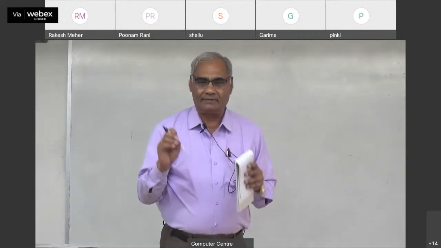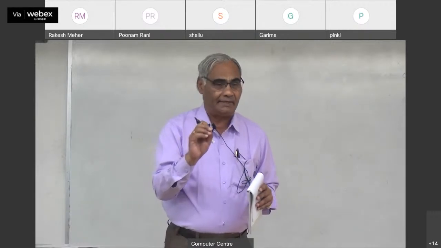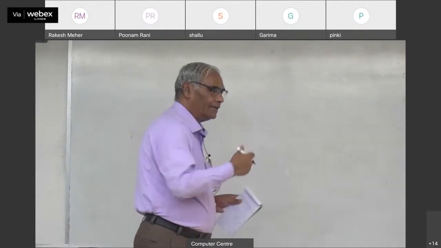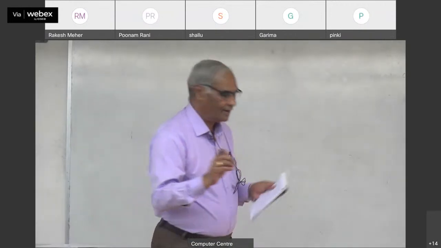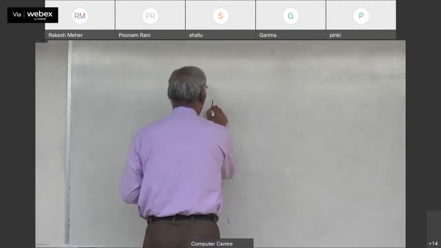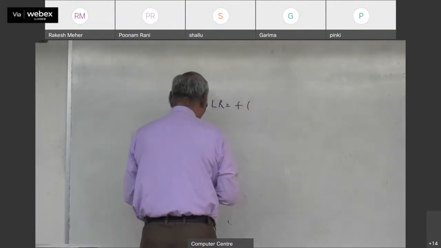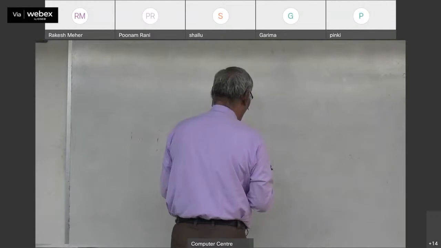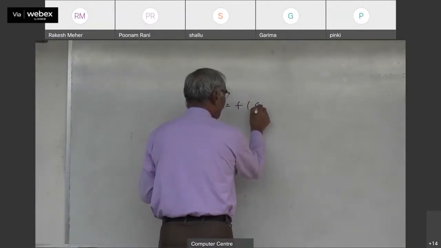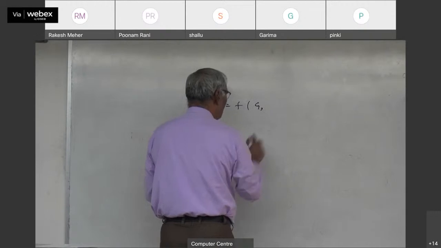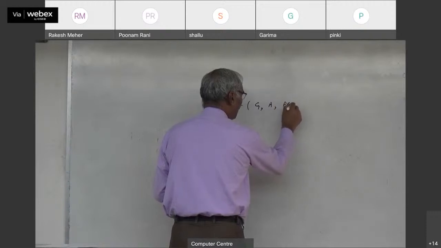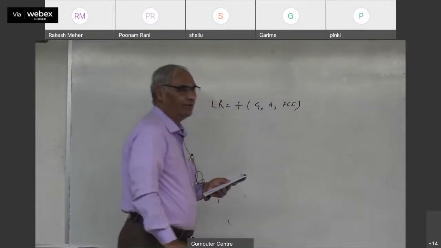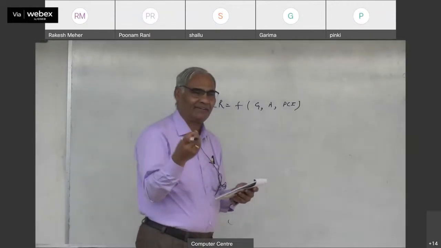He did this exercise on Indian data, taking data from different states and working out the literacy rate. He assumes that the literacy rate, LR, is a function of gender, of location, that is area, and of per capita income. Three variables decide the literacy rate of the state.